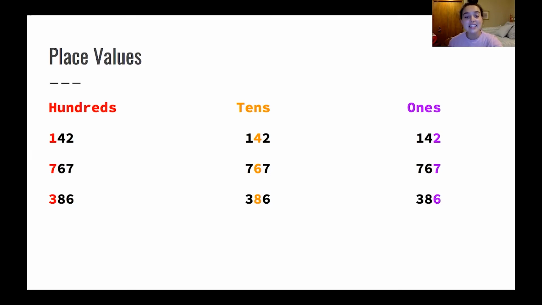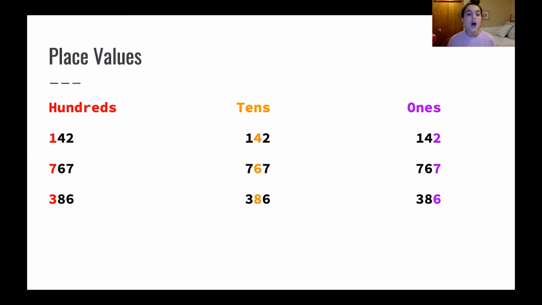In the tens, I marked this by using an orange 4, okay? And then in the ones column, I did a purple 2. So we know that is how many 1s we have. We have 2 ones. And again, in the tens, we have 4 tens. In the hundreds, we have 100.